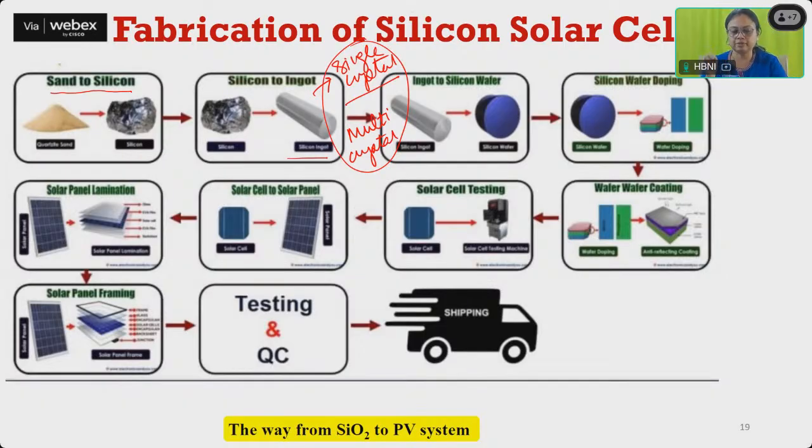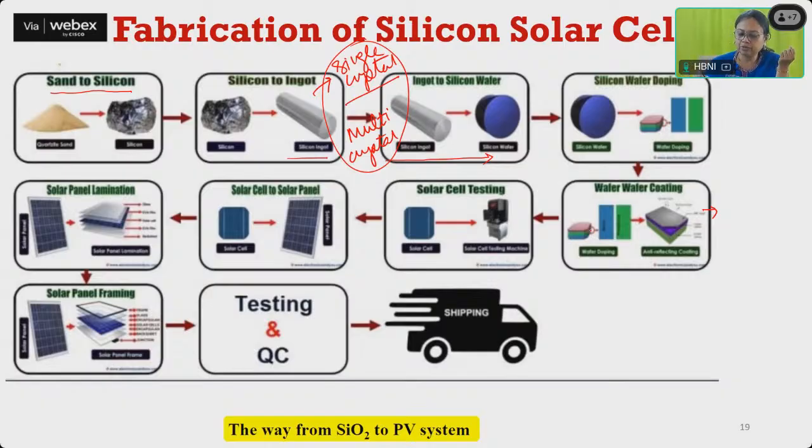That is the difference. Then this ingot is cut into wafers. Then each wafer is doped, into p-type and n-type, so phosphorus and boron doping is carried out. Then we coat it with the anti-reflective coating and silicon oxide.